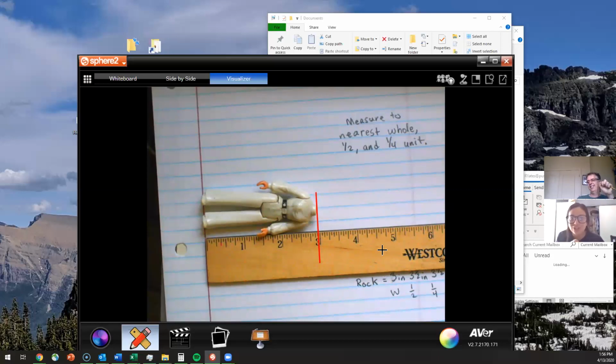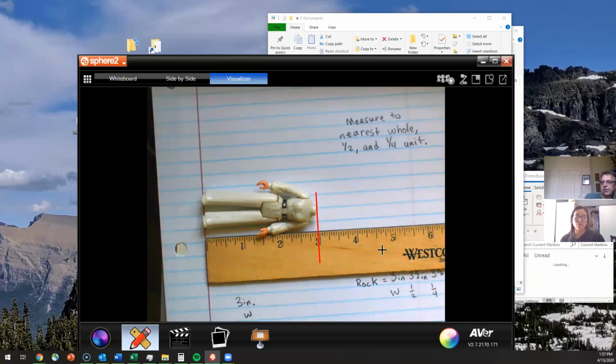But it looks like she's about 3 inches, looking at it to our nearest whole inch. So for your whole inch, it is going to be 3. And you want to make sure that you are writing down the inches as well, because that's really important. It's your unit of measurement.